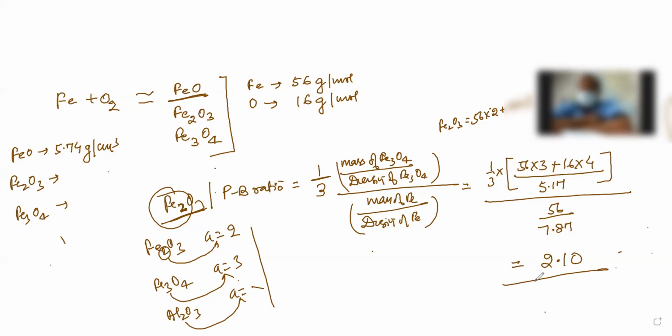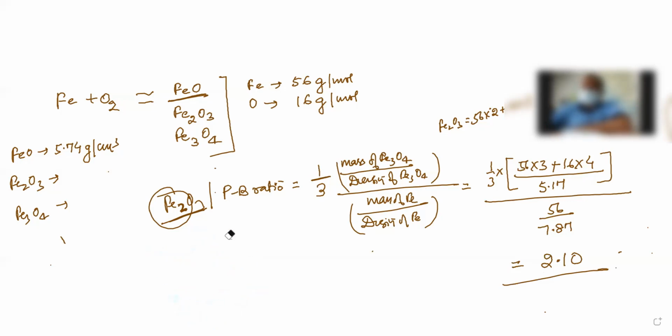So now I will just make a small table. For FeO, how much did we get? 1.76, right?